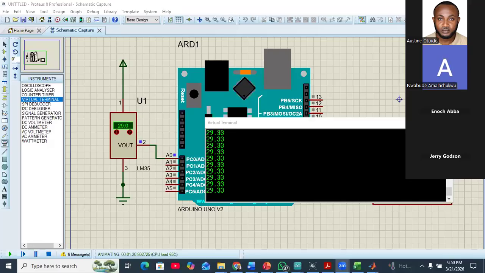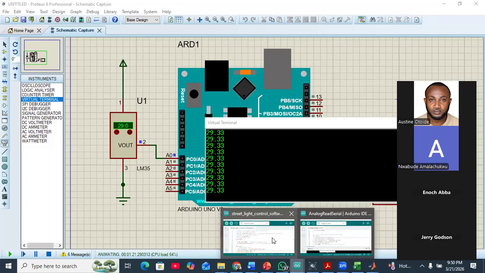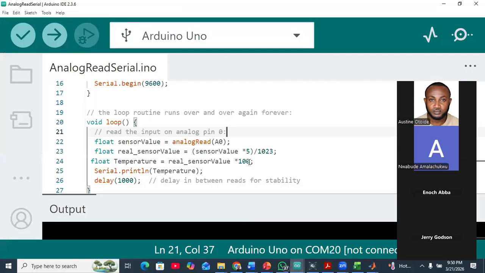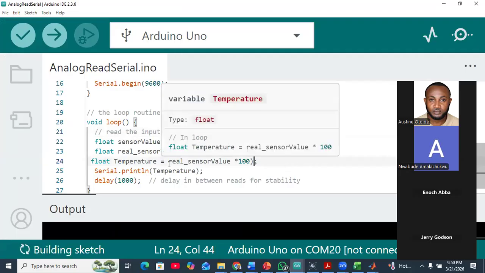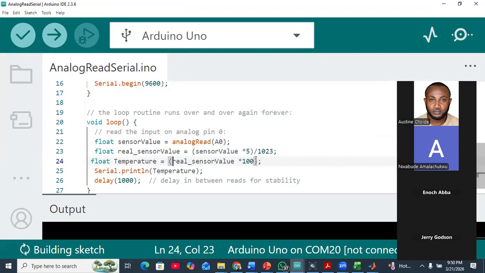So I come back here and minus, put this in brackets, minus 0.33 here, and run it again, since that is the problem.